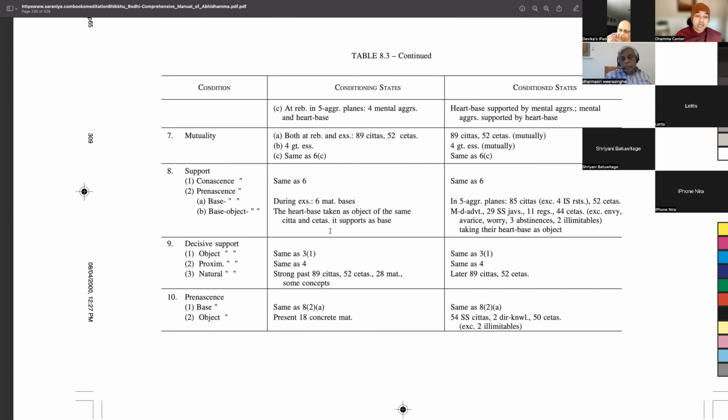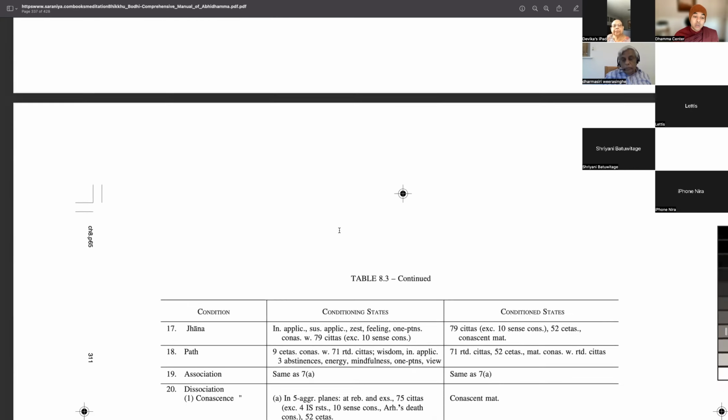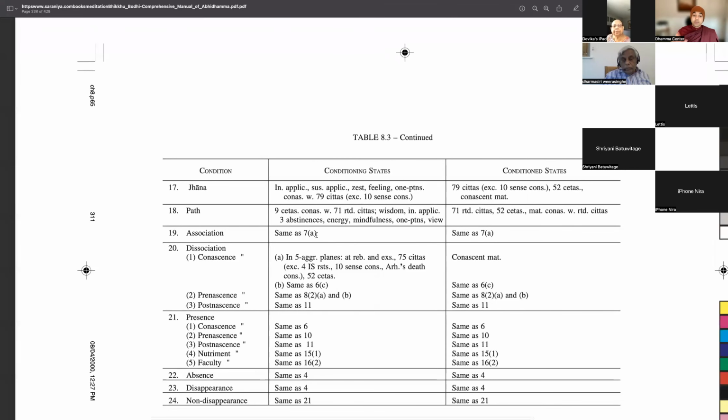So here, according to association condition, what we are looking at is that a mind arises conditioned by that mind, together with that mind, having a common base and a common object, so that those chittas and chetasikas condition the arising of other chittas and chetasikas.